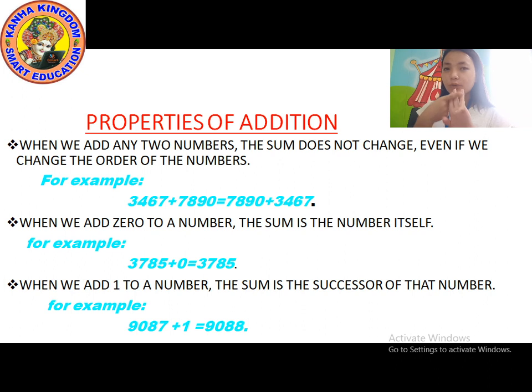And the third property of addition is when we add 1 to a number, the sum is the successor of that number. Okay, students? I hope you all have understood the properties of addition.